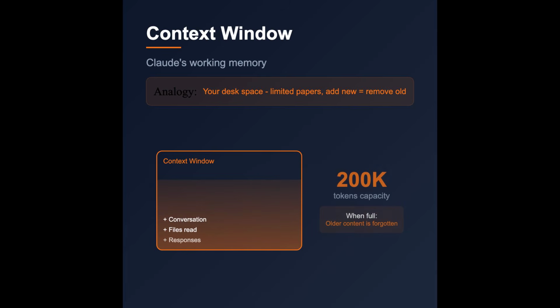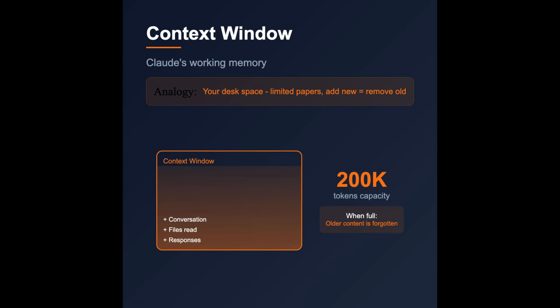The context window is crucial to understand. Think of it as Claude's desk space. Imagine your desk can only fit a certain number of papers. Once it's full, you have to remove something to add something new. The context window is how much information Claude can hold in its working memory at once. This includes your conversation history, the files it's read, and its responses, measured in tokens, which are roughly pieces of words.